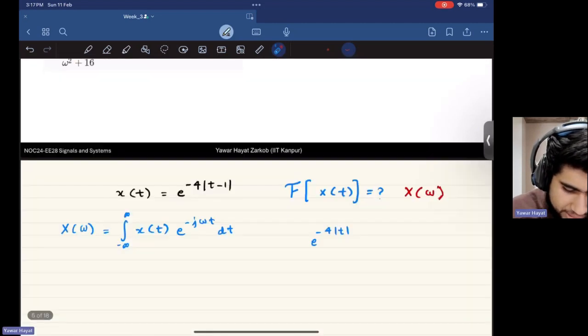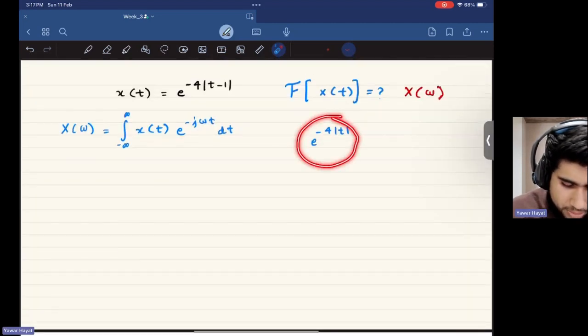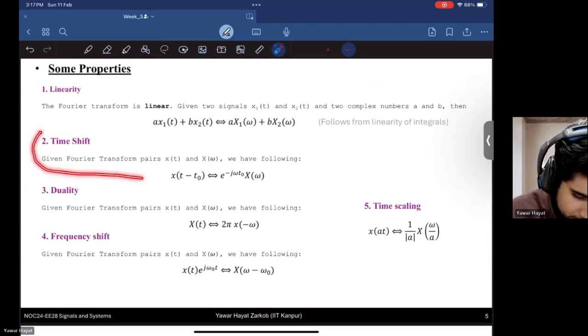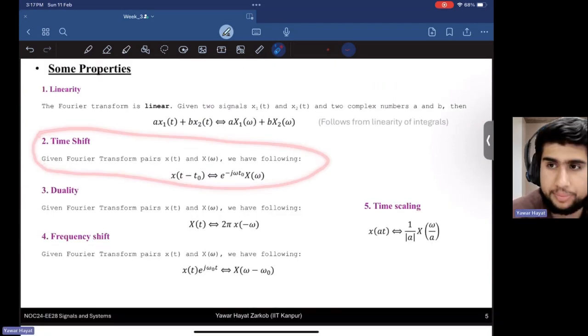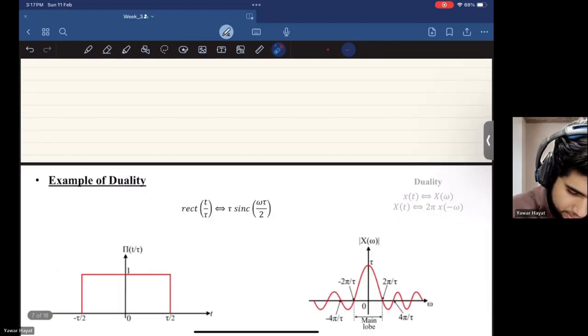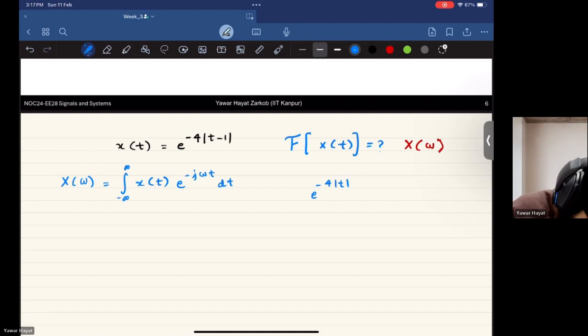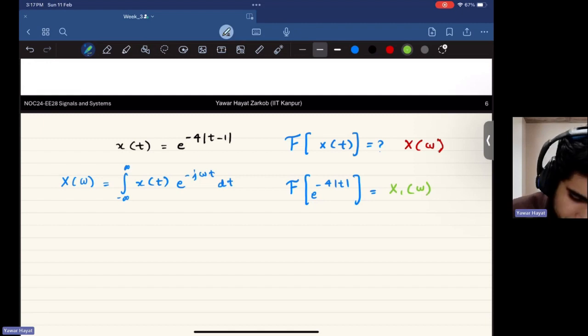And once I compute the Fourier transform of this function, I'll then use this property. Let this be denoted by x1 of omega.